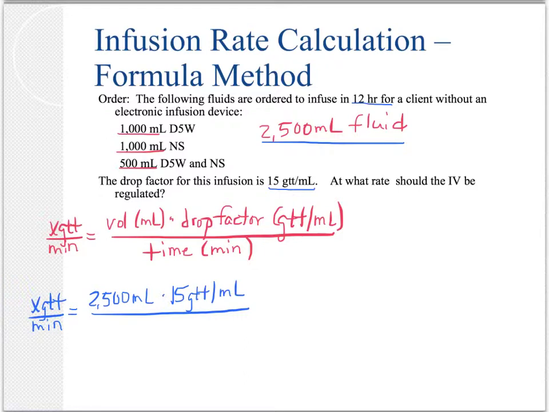If we simply take our 12 hours multiplied by the 60 minutes per hour that we know is a conversion factor, our hours will cancel and we get a total of 720 minutes, which we can now use in our formula.